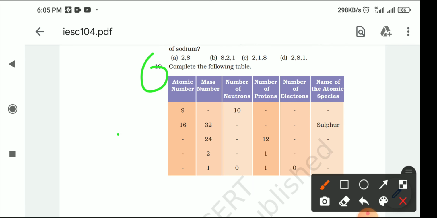Atomic number is given, and you have to calculate the mass number, how many protons there are, and how many electrons there are. I already told you how to calculate that. Again I am repeating: atomic number means the number of protons and it equals the number of electrons also. When calculating the mass number, you add the number of protons plus the number of neutrons. So do this question.